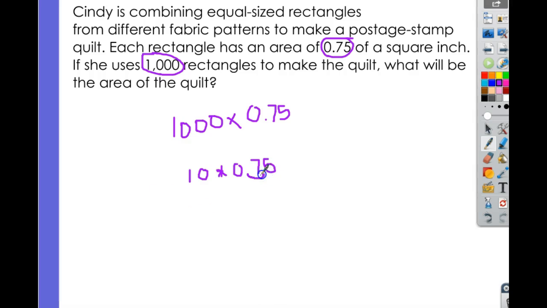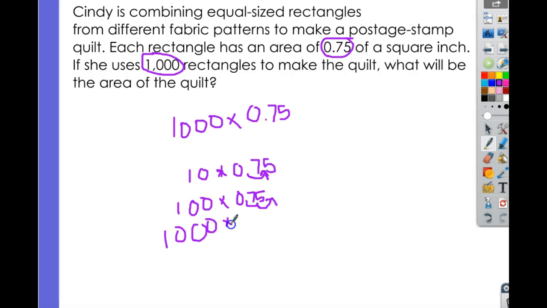Move it over one time, and it becomes 7 5/10. Well, what if I do 100 times 0.75? I'm going to move my decimal over twice, and it becomes 75. Okay, we're getting bigger, but we still have to get to 1,000 times 75 hundredths.